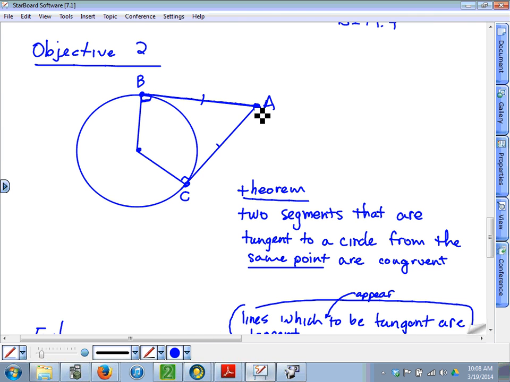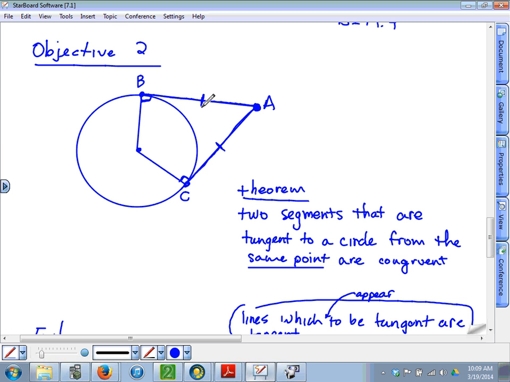If I start at the same point A and come down to point C, that's also a tangent line. What this theorem says is, if two lines are tangent and they start from the same point, then those two segments are congruent. So from A to C is the exact same length as from A to B. That's what the theorem is talking about.